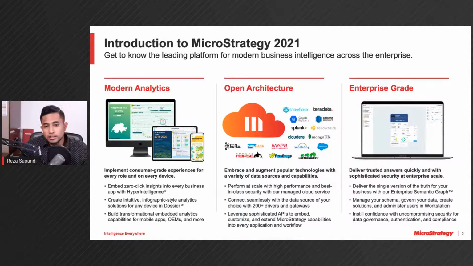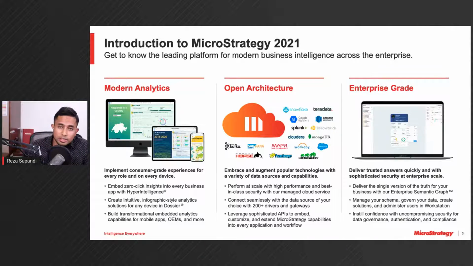Before we get into our content, though, I'd like to remind you that today's presentation covers our latest platform release, MicroStrategy 2021. MicroStrategy 2021 is an enterprise-grade platform where you can leverage modern analytics on any device of your choosing and take advantage of an open architecture, as well as be sure that you'll deliver trusted answers quickly with sophisticated security at an enterprise scale.